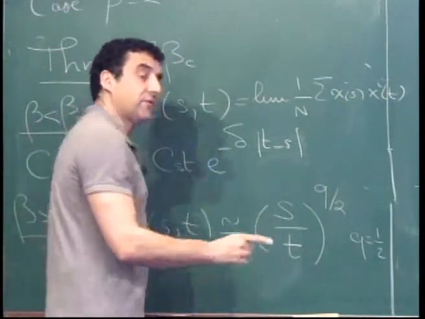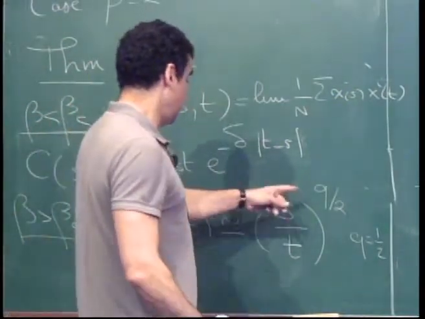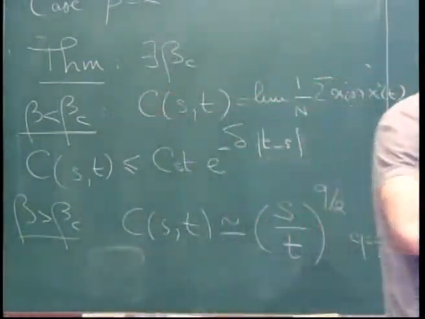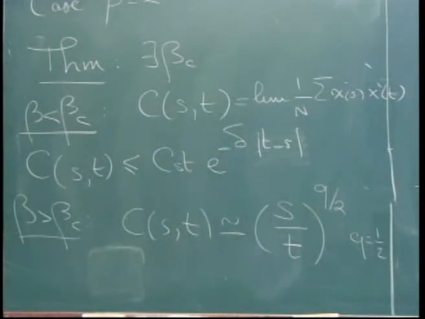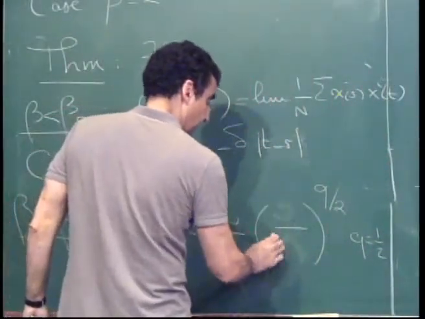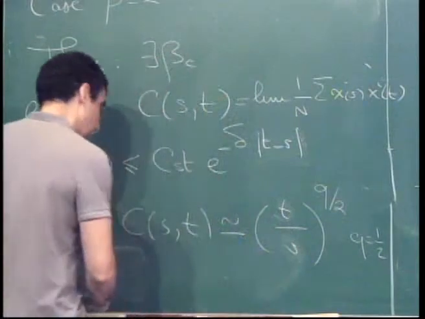But what it means is, when s goes to infinity, this q is positive. Yes, it's positive. So I should put a t over s. That would be better, probably.